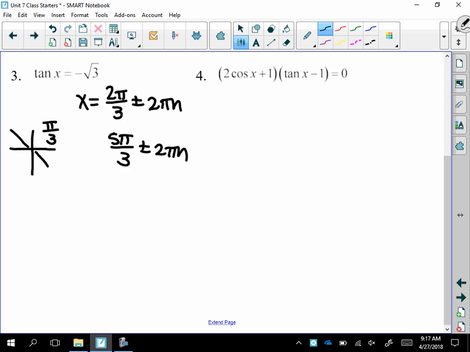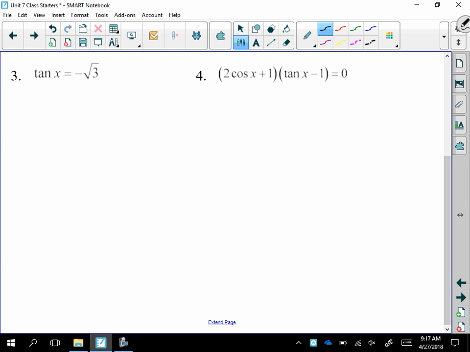And then finally, for number 4, this looks like an equation where maybe it's already been factored for us. So number 4, it's already factored for us in a sense.